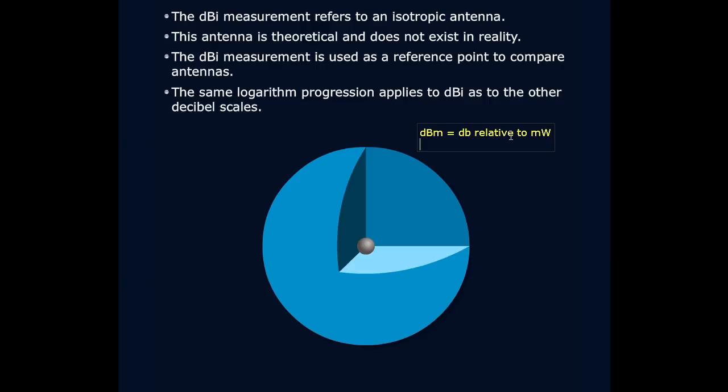One tool of measurement for managing antenna power is to describe it in terms of dBi, which again is decibels, the same logarithmic scale, relative to what's known as an isotropic antenna. What's an isotropic antenna? An isotropic antenna is a perfect antenna.